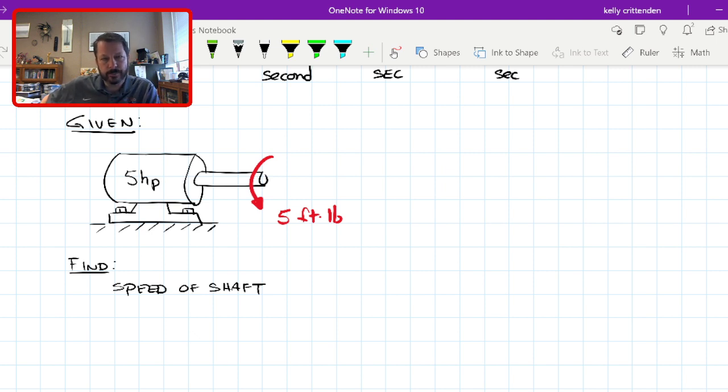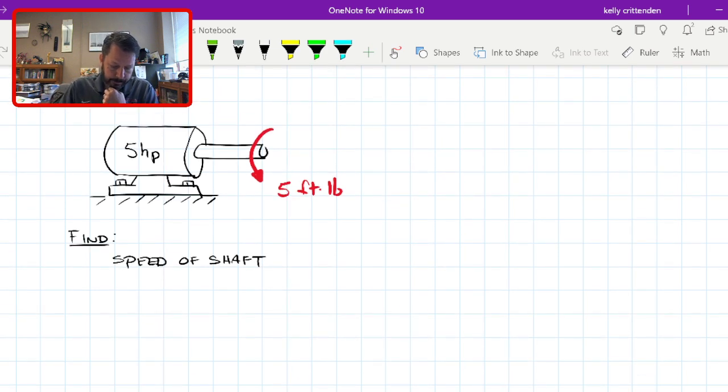No energy conversion process is 100% efficient, at least no mechanical one. So we're going to assume that it is, though, for now. If the problem specifically says something about this transfer being 80% efficient or whatever, then we'll deal with that then. But most of these problems won't mention efficiency, in which case you assume it's 100% efficient.